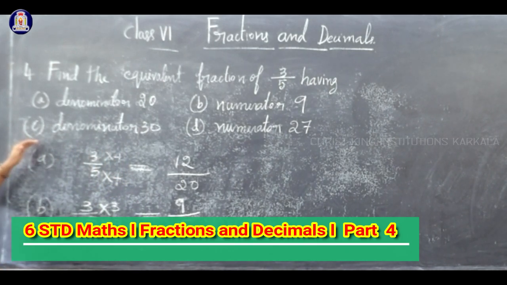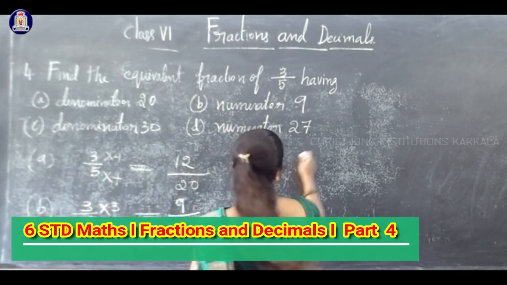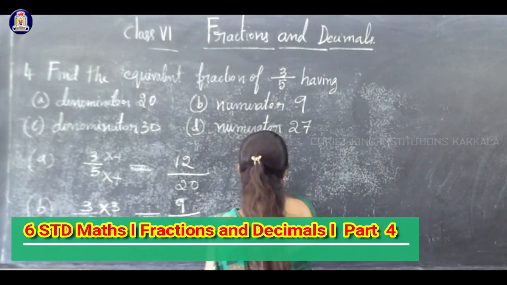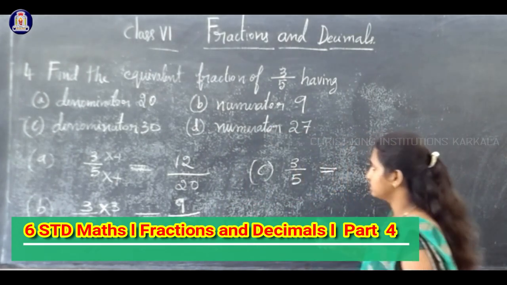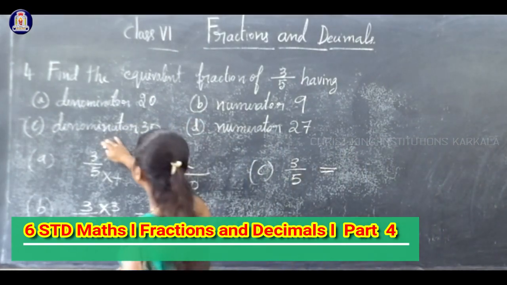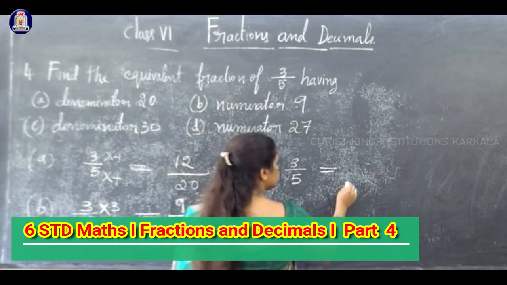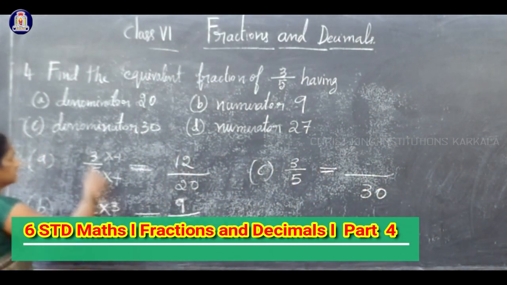Now what is the third one? Denominator is 30. Third question: 3 by 5 is equal to, because equivalent fraction, so write equal, having denominator as 30. So on the right hand side write denominator as 30.